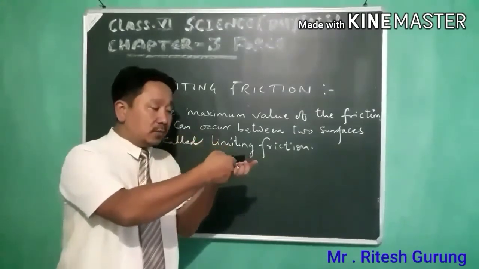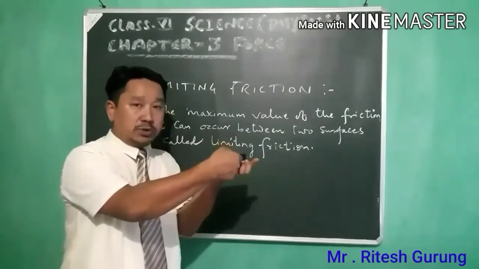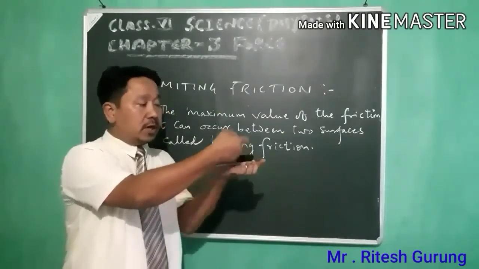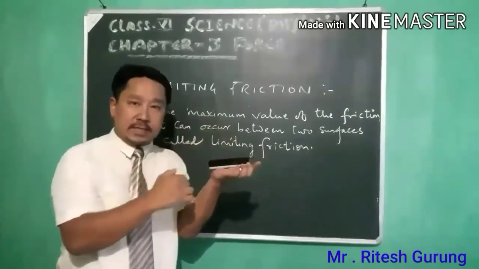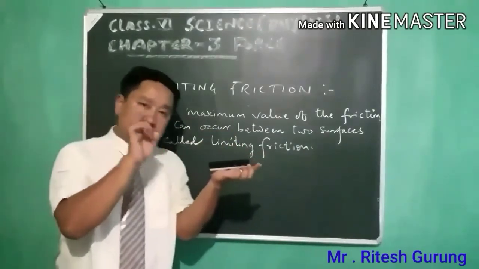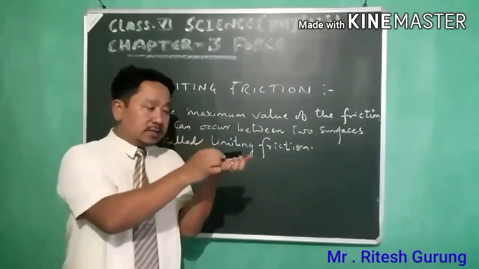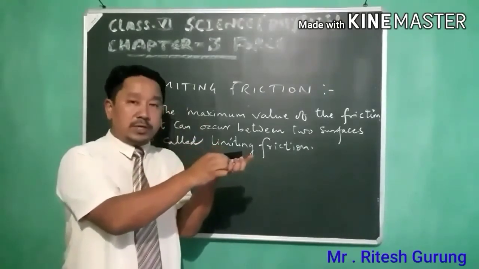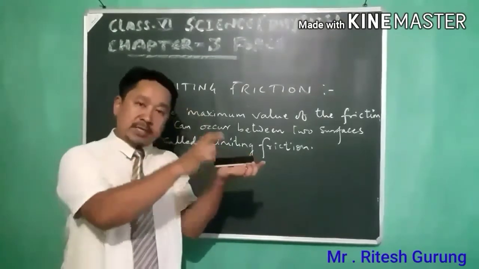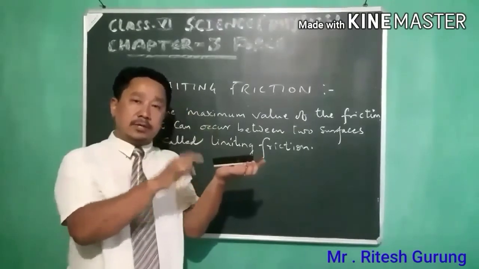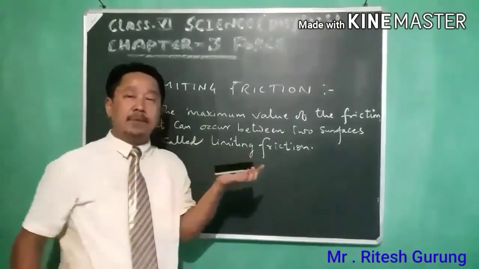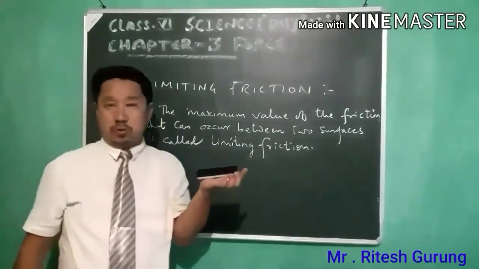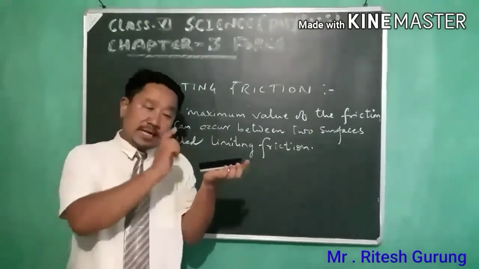Why? Because the frictional force, the force in the opposite direction to oppose my force, is also increasing. But the question is, does the frictional force keep on increasing indefinitely? The answer is no. It has a limit.